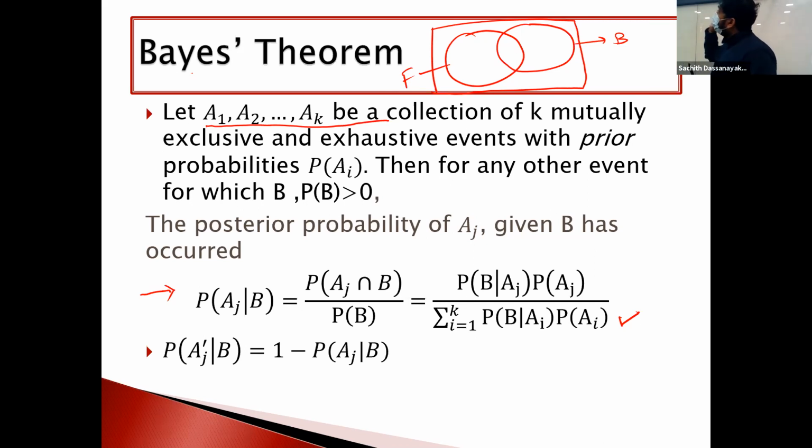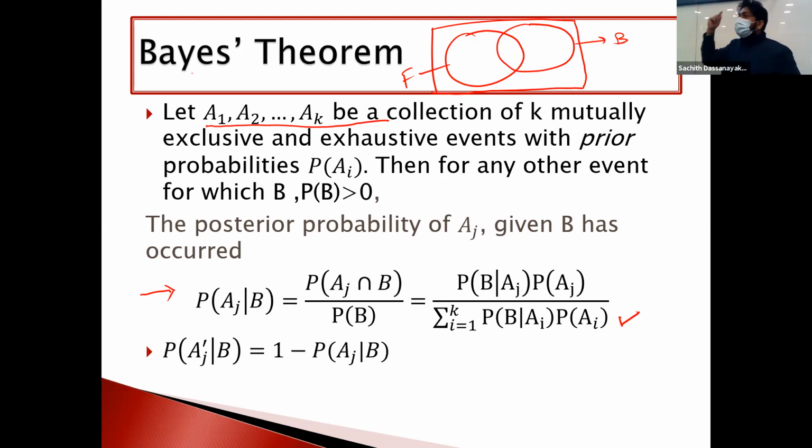Aj means a particular value, let's say A1. But here I mentioned everything from 1 to K; you can see in the denominator, summation from i equals 1 to K. So i's we consider from 1 up to K. Clear?